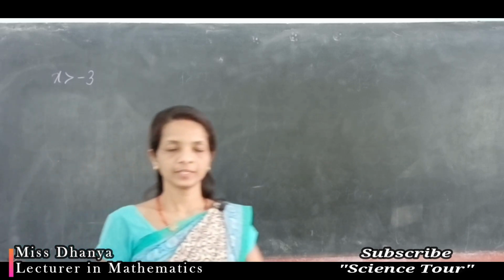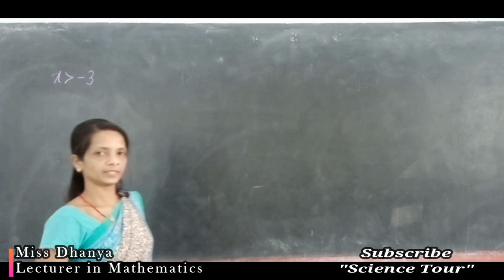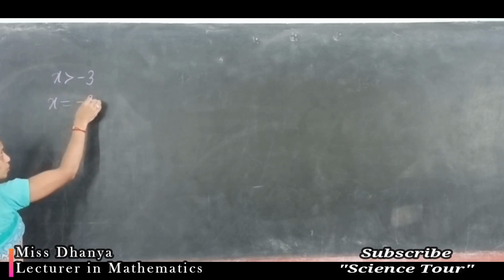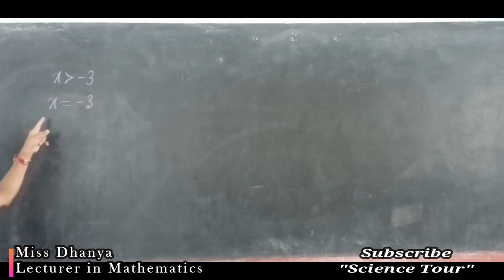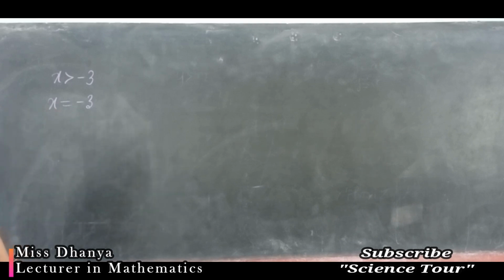Next inequality you have to solve is x greater than minus 3. Replace that inequality symbol by the equal to symbol, so then you will get x equal to minus 3. I already told you that suppose you have x equal to some number, that is always a vertical line passing through minus 3 on the x axis.